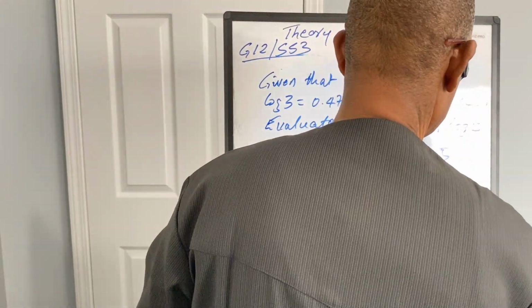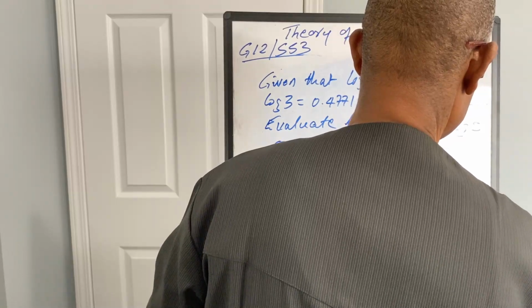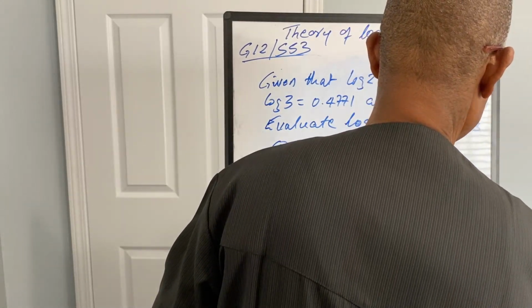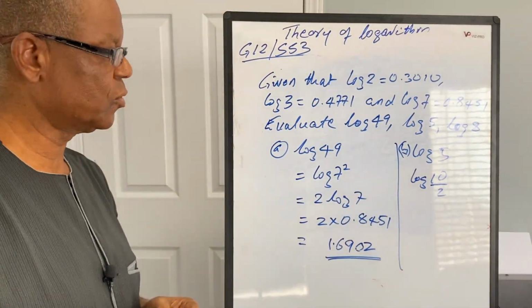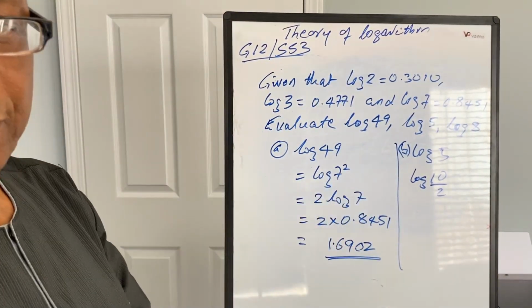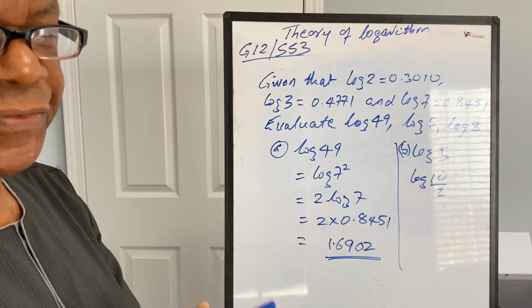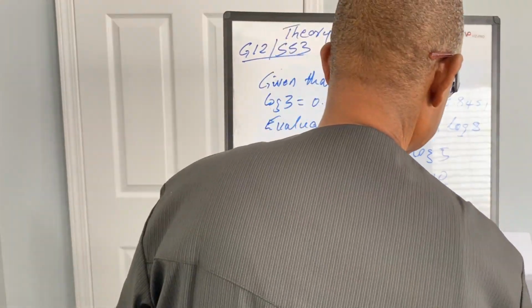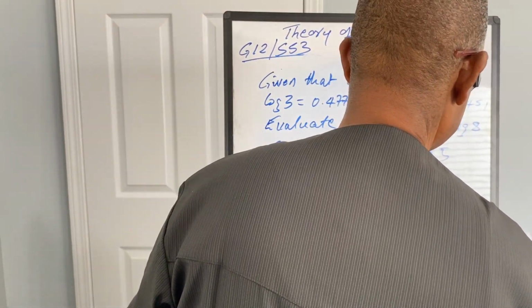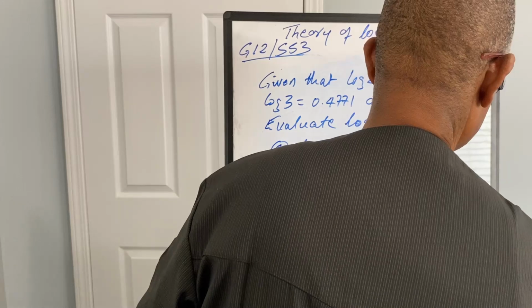We now have log 5 as log 10 divided by 2. 10 divided by 2 will give us 5. So we apply the second law, which says that this will be log 10 minus log 2.